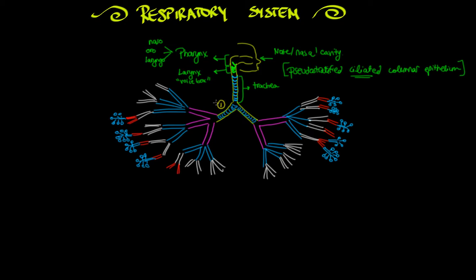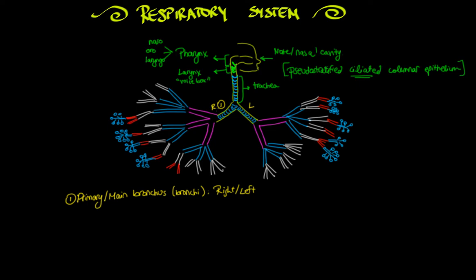This is number 1, the primary, also known as the main bronchus. Bronchus for singular or bronchi for plural. And as you can see, you have two, a right and a left primary bronchus.